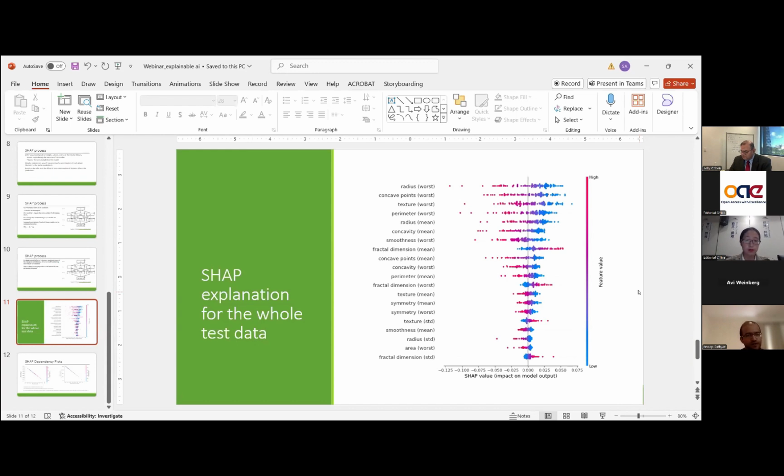Right. So based on my understanding, LIME is mostly trying to explain individual predictions on individual data points. And it uses the neighborhood of that data point to make that explanation. Whereas SHAP tries to do this on a global level.